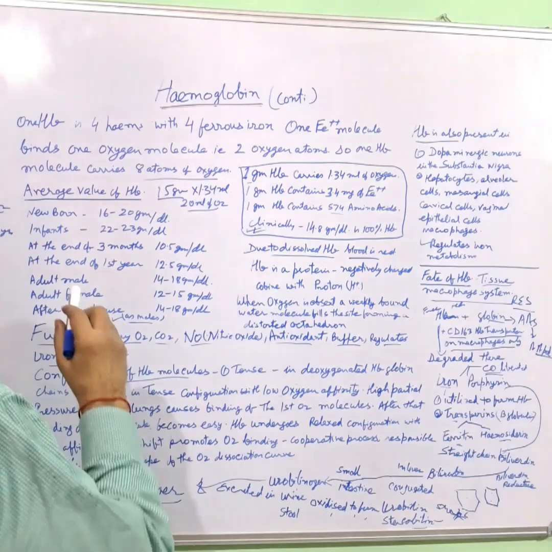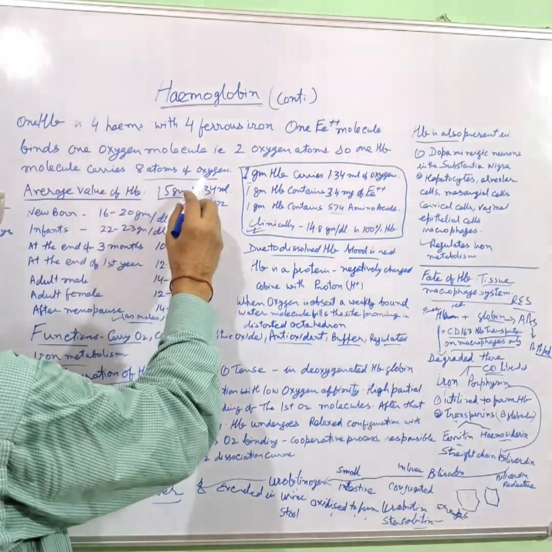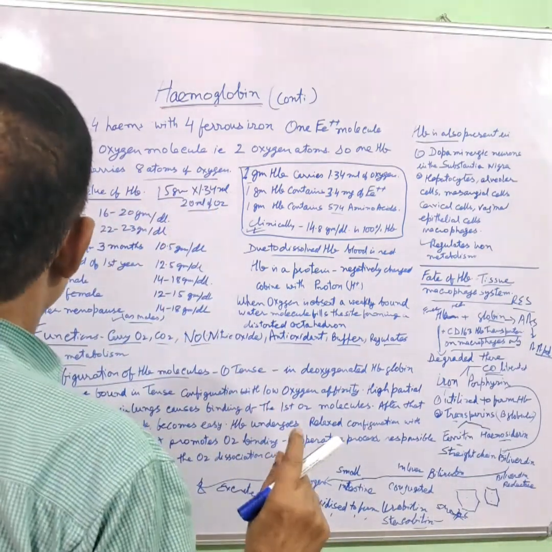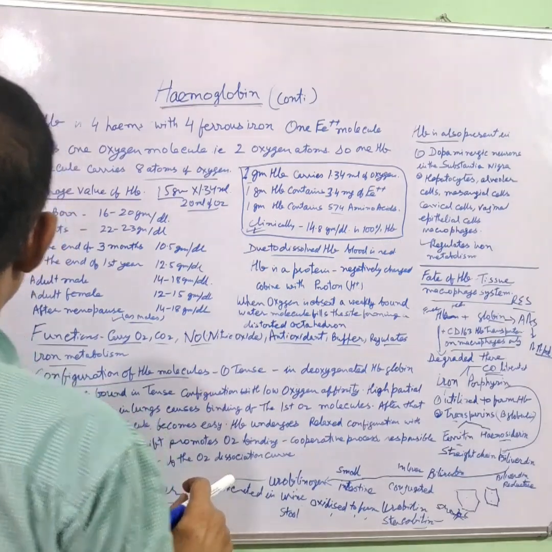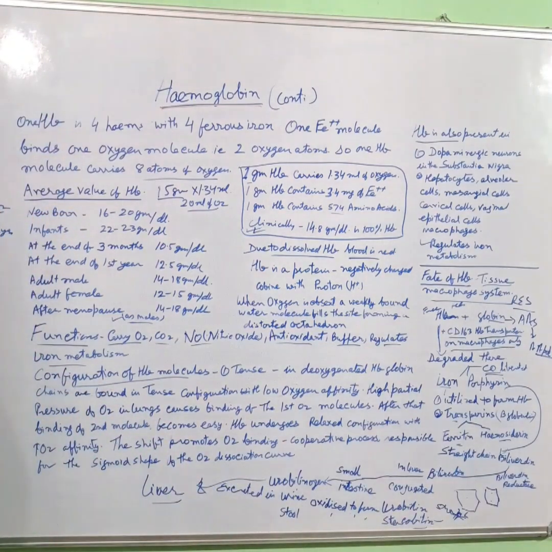So one hemoglobin molecule carries 8 atoms of oxygen. One hemoglobin, 4 haems; one haem, one ferrous iron, and one molecule of oxygen, that is 2 atoms of oxygen.